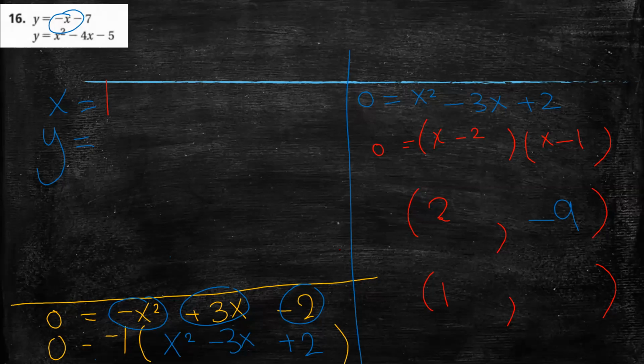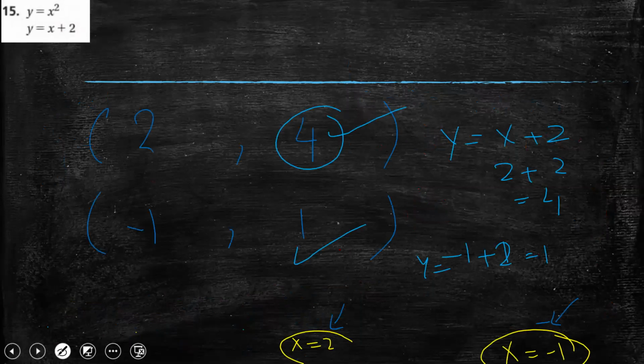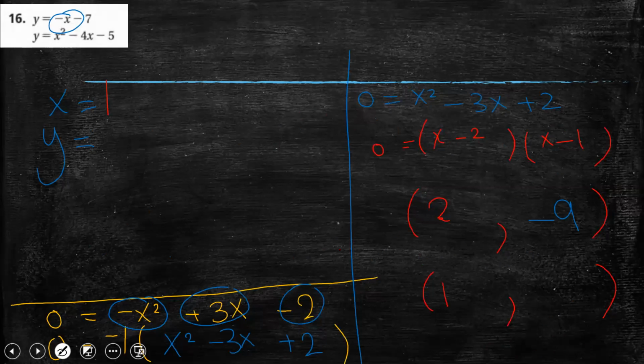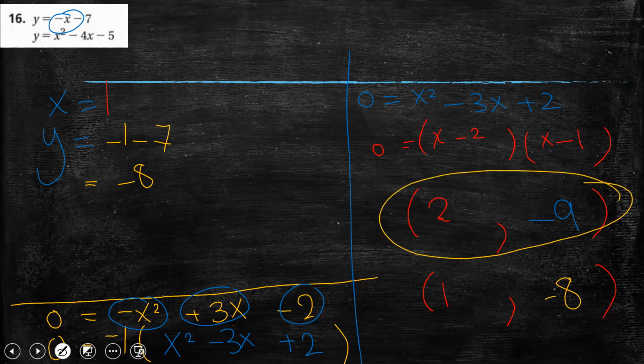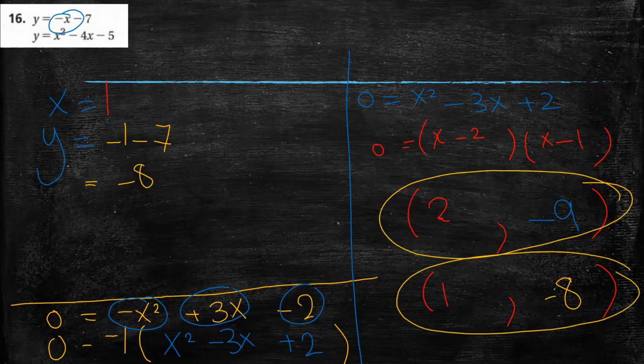So you'll say negative 1 minus 7, which is negative 8. So the value here is 1, negative 8. So the two coordinates for this system of equations are 2, negative 9 and 1, negative 8.